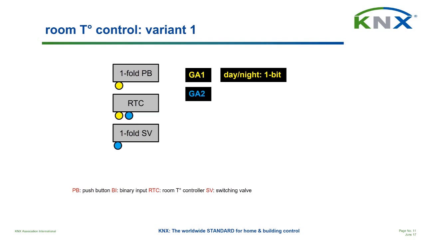The second link that I will need is between the RTC, the room temperature controller, and the valve actuator, and that is also a link between 1-bit objects. That means that the heating system here is based on switching.